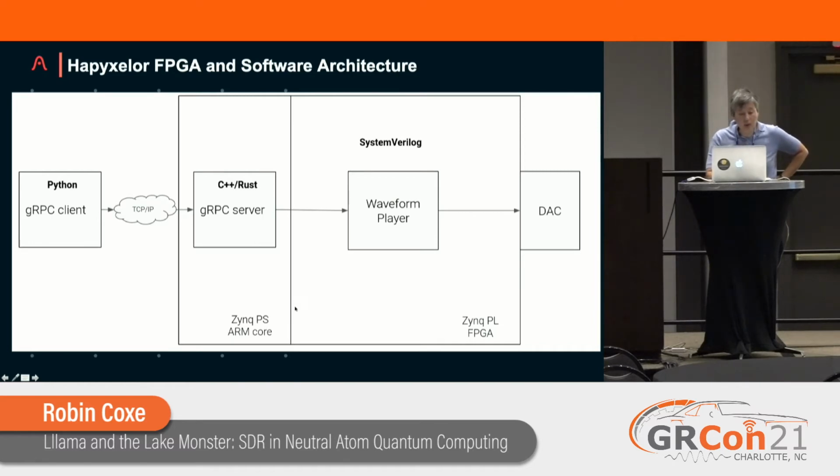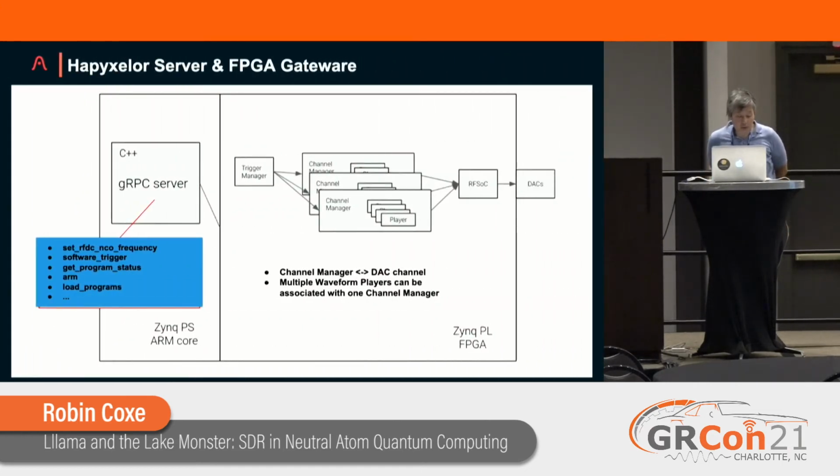And then in the ARM core, we have a gRPC server, which is implemented in C++ and Rust. And that is receiving commands from the host PC, from the higher level languages that specify the gates that are compiled down to the pulses and some digital triggers that we need. So this is an example of some of the types of commands that might be sent to the gRPC server, like setting the frequency, triggering, arming some digital triggers, and then playing out the waveforms.